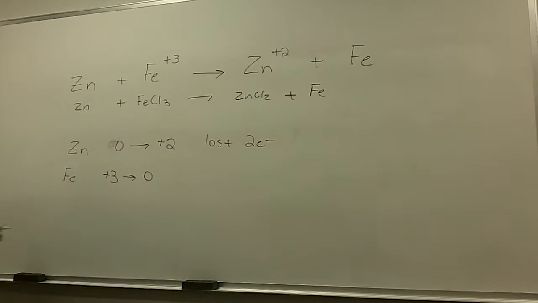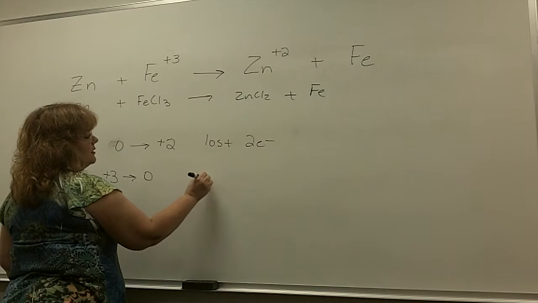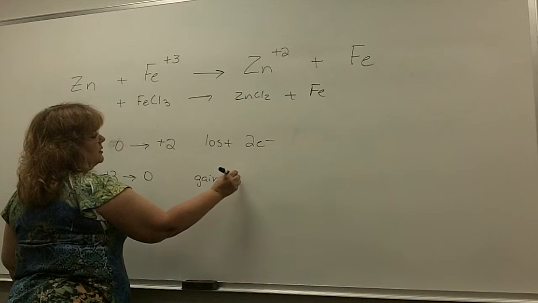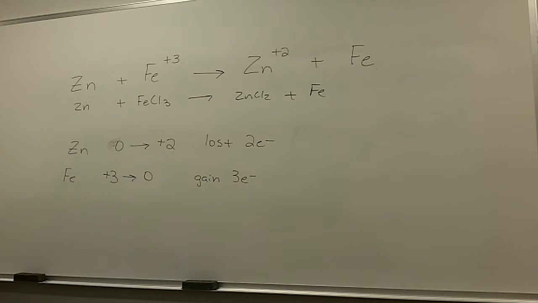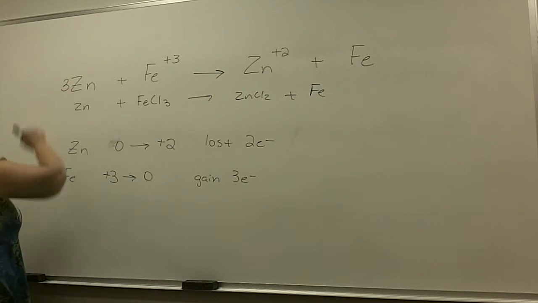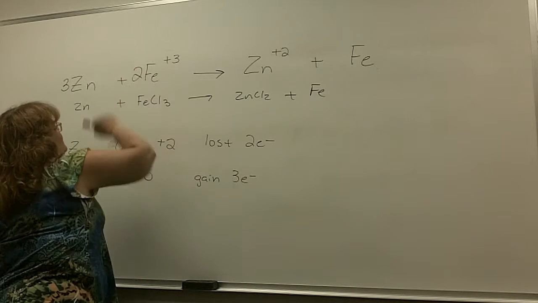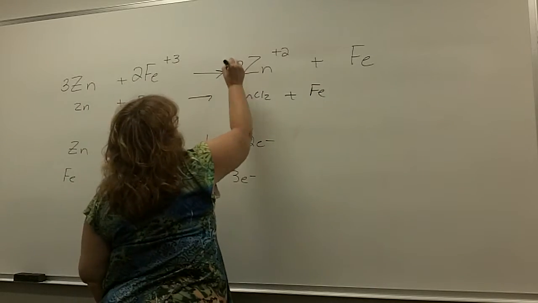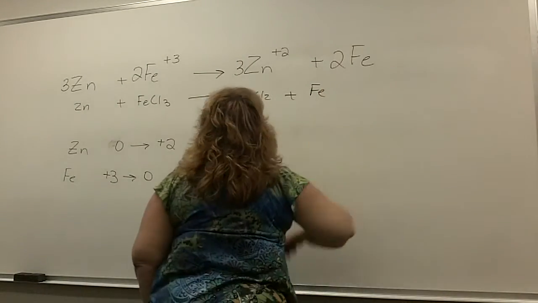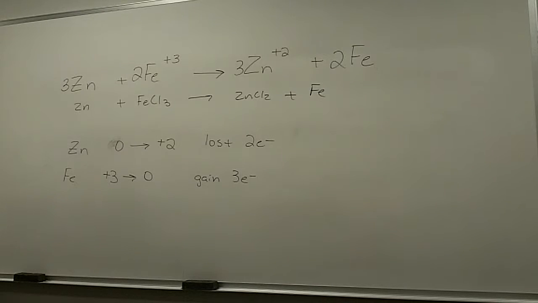So it's gained 3 electrons. So the total number of electrons that we need on each side is going to be 6. So 3, 2, 3, 2. That's all there is to it.